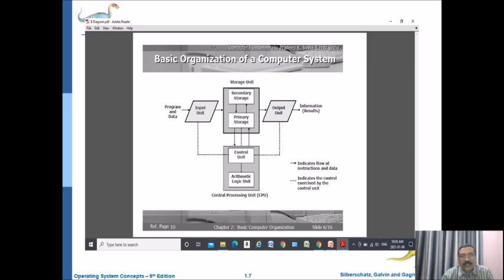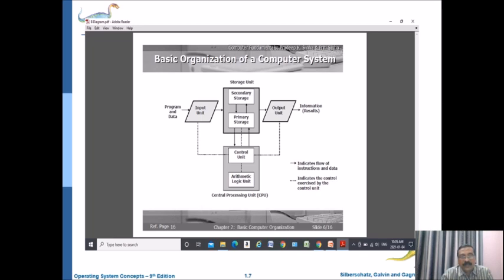We know the main units of a computer system, comprising the central processing unit (CPU), an input unit, an output unit, and a memory unit or storage unit. The heart and base of the computer is the CPU, having components like the control unit and arithmetic unit.